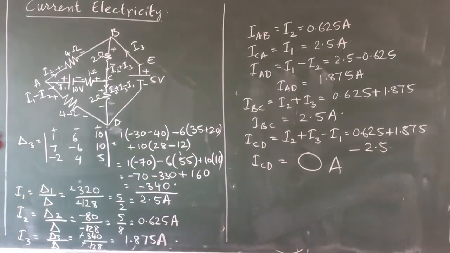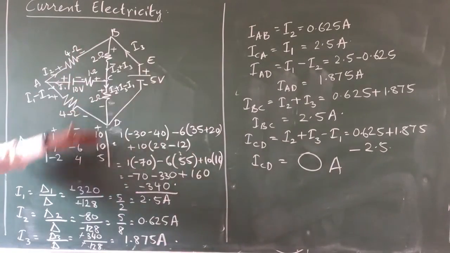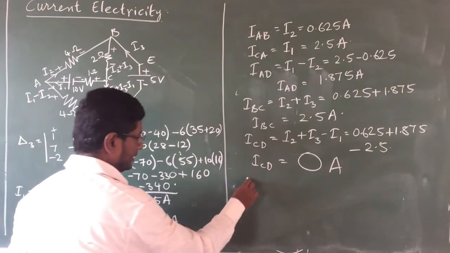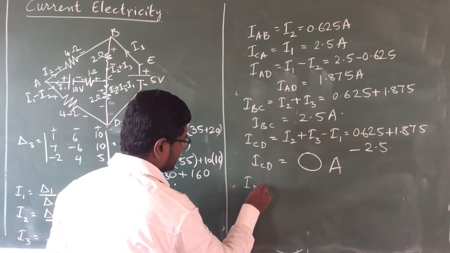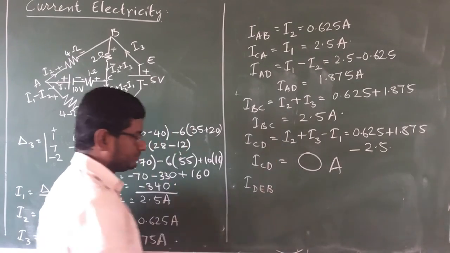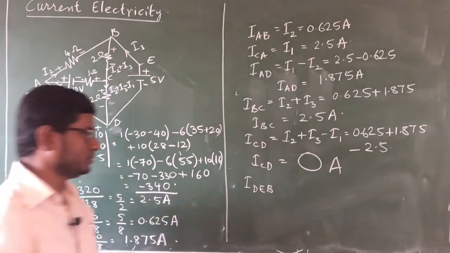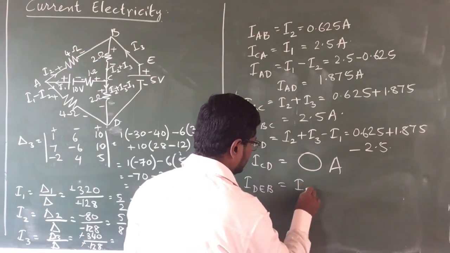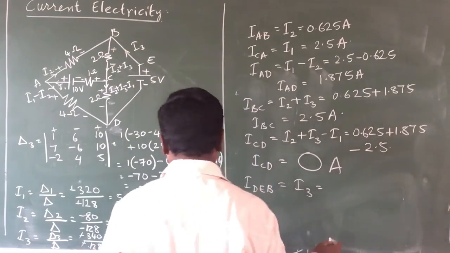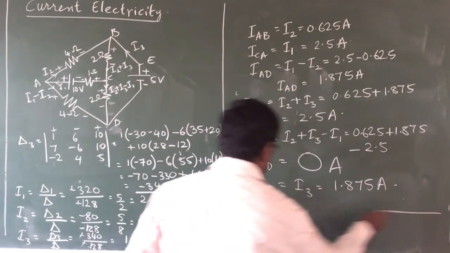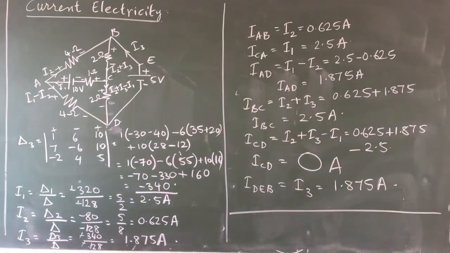Next thing. So the central part is over. The only part that is left is the current flowing in IDEB. This is the only branch that is left. So IDEB directly is the value of I3, and the value of I3 is 1.875 ampere. So that completes my final answer.